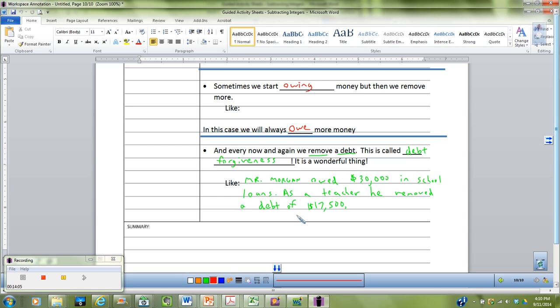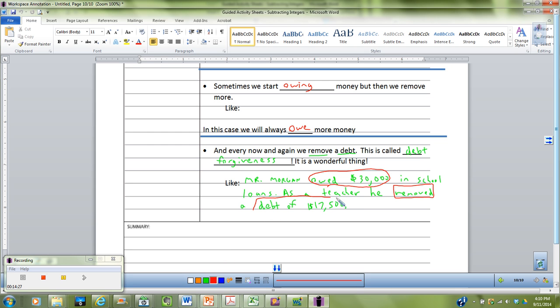So let's mark the text. We want to use our strategies. First key piece of information is that I owed $30,000. Sounds very negative to me. And then as a teacher, I was able to remove, so that's key, that gives us the operation, a debt.